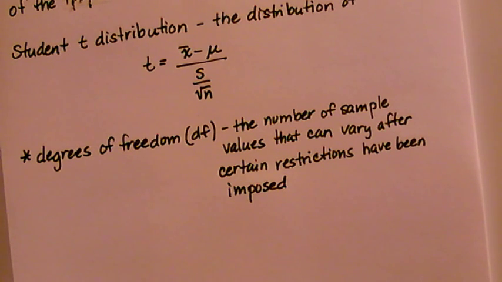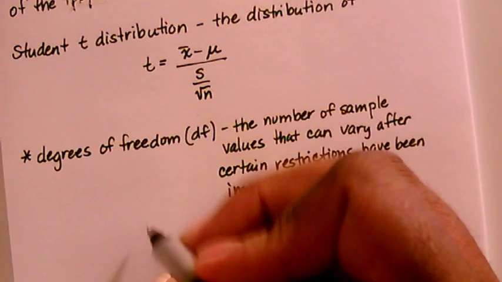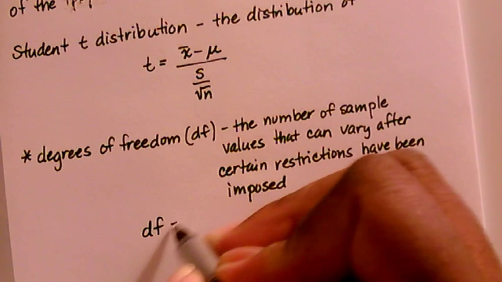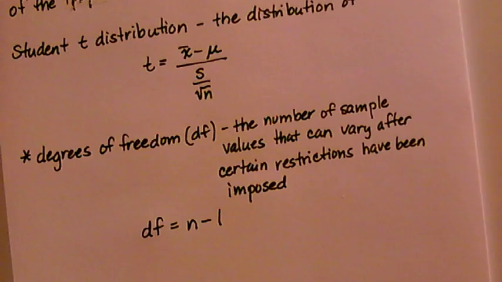The other 4 can vary, but the 5th test has to be a restricted value for you to get an average of 80. So that's what we mean by degrees of freedom. And to find degrees of freedom is just simply the sample size minus 1. You take your sample size and you subtract 1 from it.